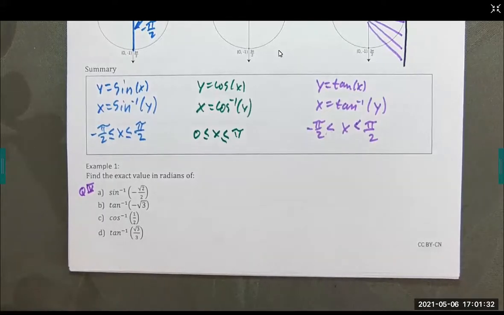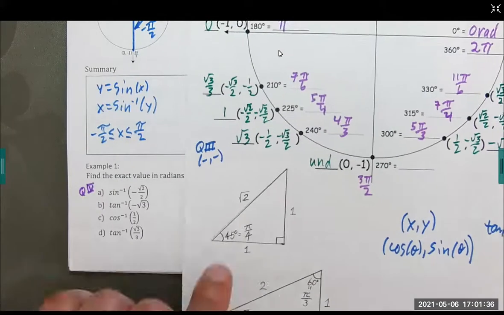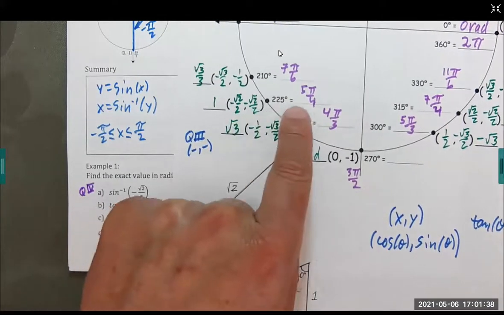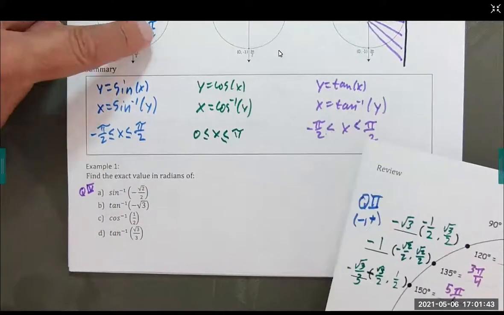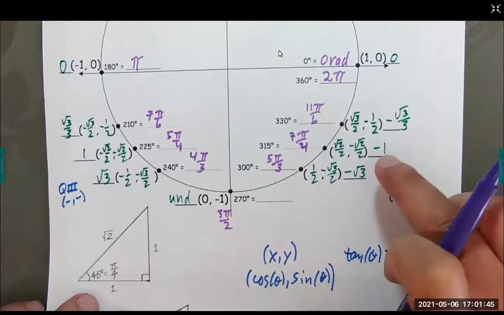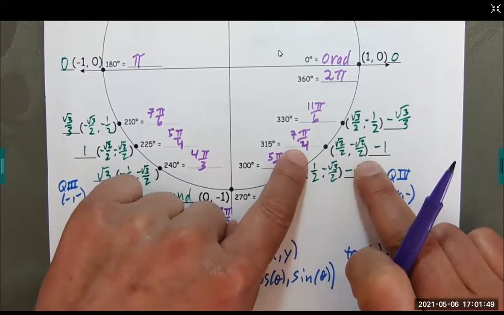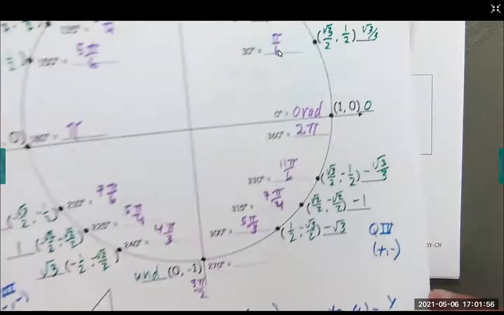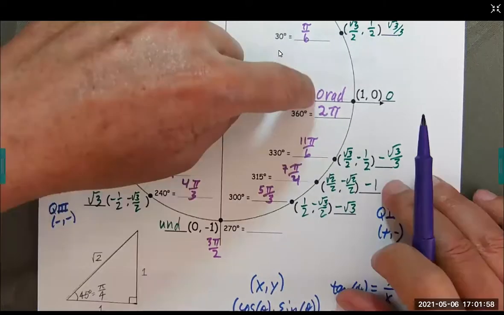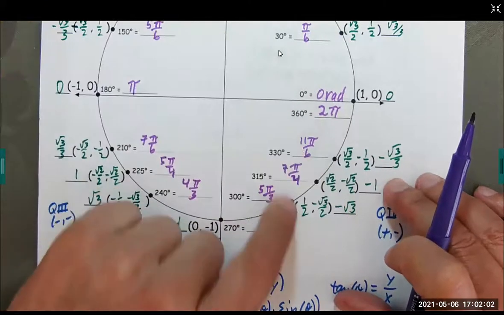Now, where does sine equal negative root 2 over 2? Well, negative root 2 over 2 at 5 pi over 4, but we can only be in quadrants 1 and 2. And so here's negative root 2 over 2. However, here's the problem. 7 pi over 4 is not between negative pi over 2 and pi over 2. So what we need to do is instead of going around to 7 pi over 4, I need to go negative to negative pi over 4.